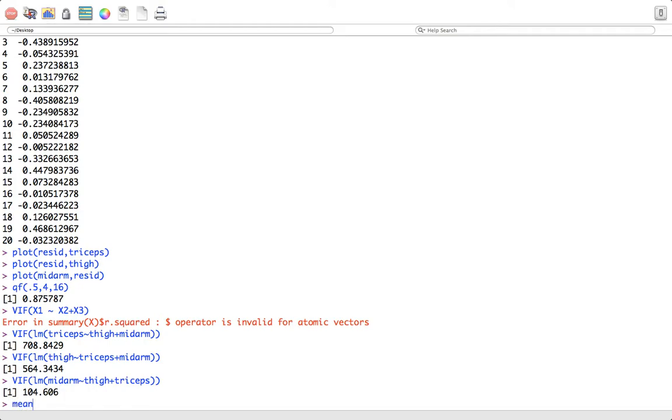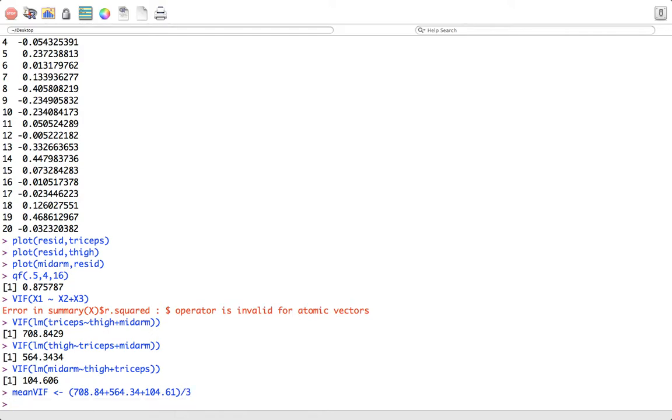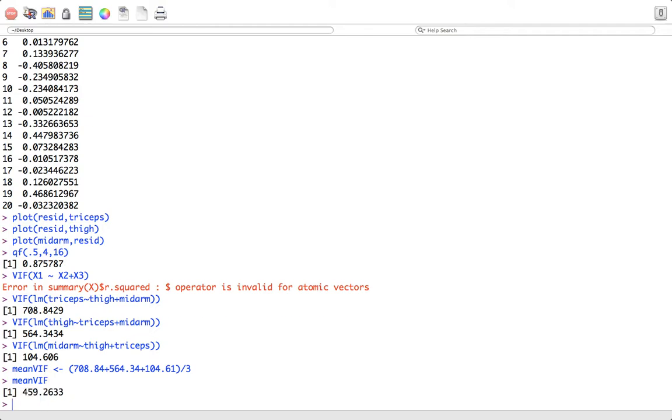We could have estimated the mean variance inflation factor, by taking these numbers, and I could have saved those. And so the mean of my variance inflation factors for the predictors is 460.